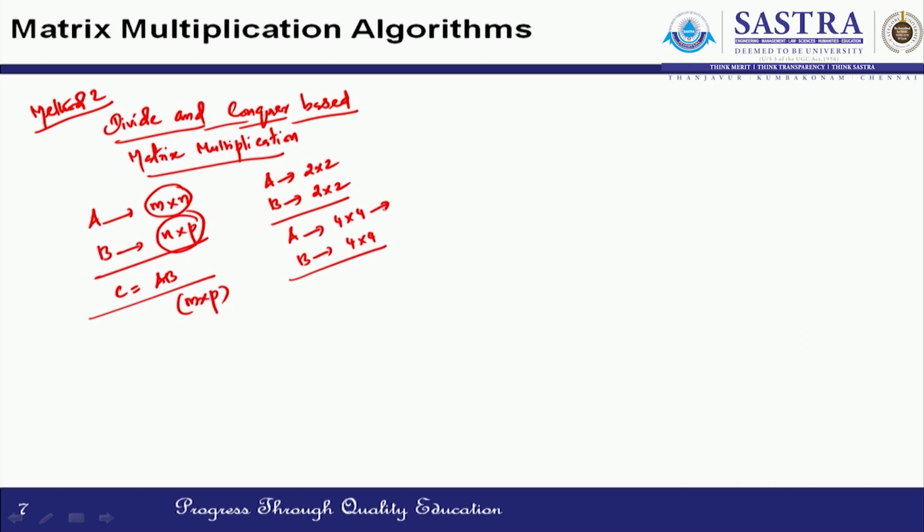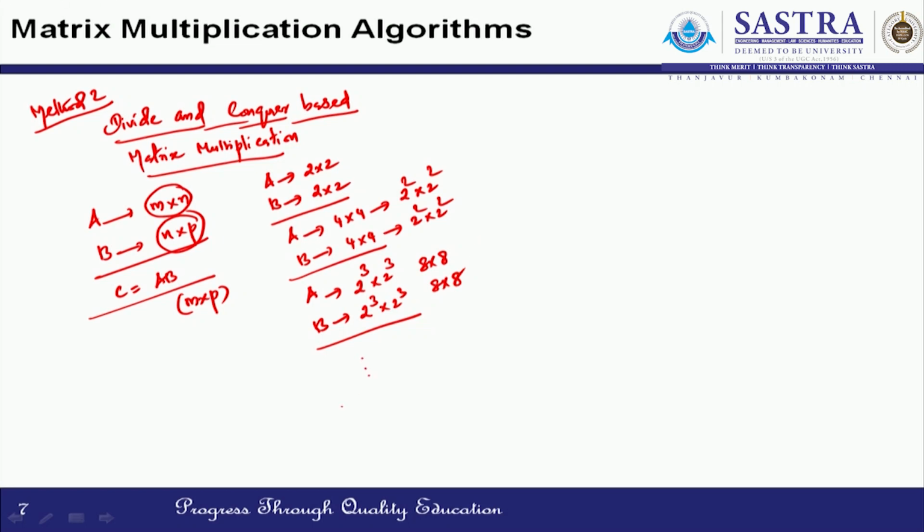That means 2 square into 2 square. Or consider the next power, 2 power 3 into 2 power 3, that means 8 cross 8.